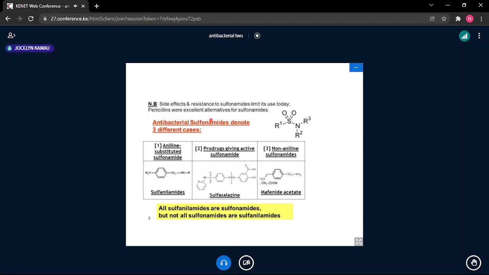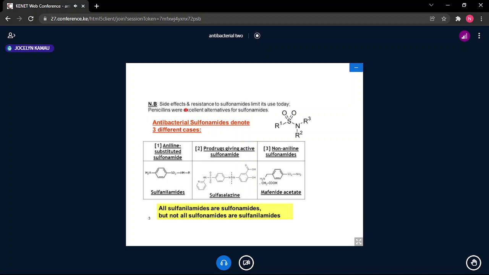Side effects and resistance to sulfonamides limit their use. The major side effect of sulfonamides, as we have said, is crystalluria, and that can occur especially if for any reason your urine has very high acidity.